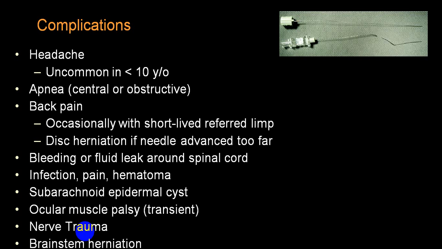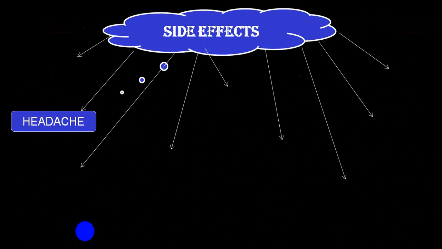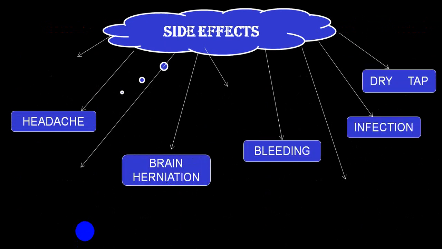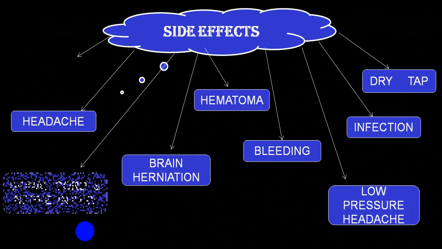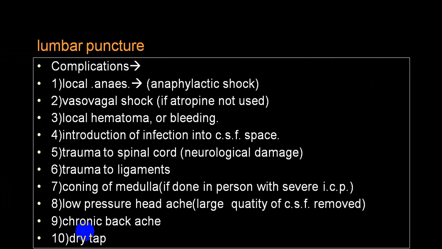Even if he has got uncal herniation, lumbar puncture should be contraindicated. So brainstem herniation can occur. So headache, brain herniation, bleeding, infections, dry tap, hematomas, low pressure headache, spinal cord injury or nerve injury, CSF leak, etc. are the common complications.